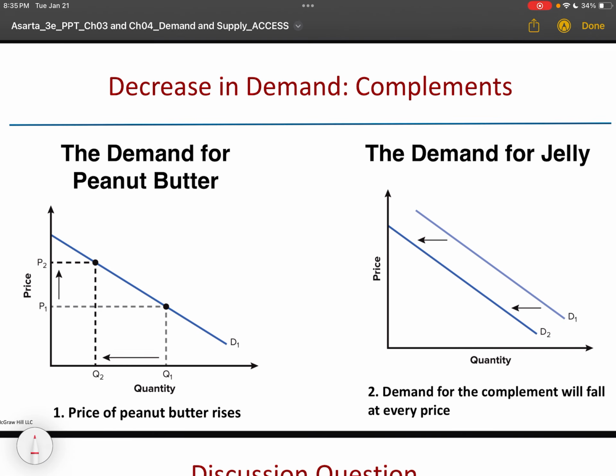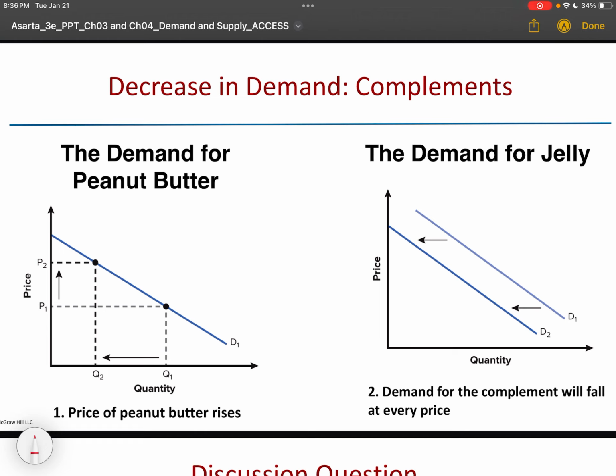A very simple example of complement goods will be peanut butter and jelly, right? They are consumed together. For my international students who are not aware, peanut butter and jelly on bread is consumed here in the US. You might be doing it differently in your homes, and that's fine, right?